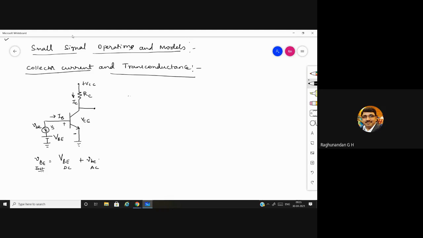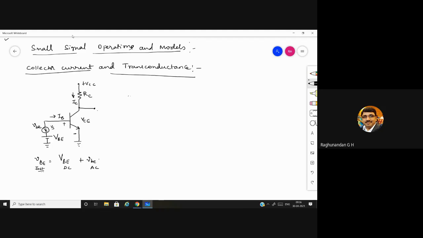So the collector current at the output side mainly depends upon the base emitter voltage, and it is independent of the collector emitter voltage. I repeat again: output collector current is a function of only the base emitter voltage, and it is independent of collector emitter voltage. Can you tell me why it is independent of VCE?